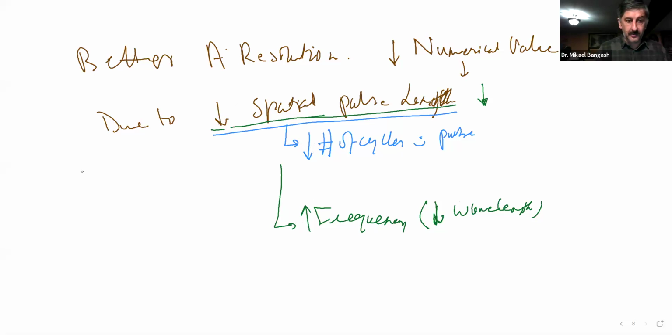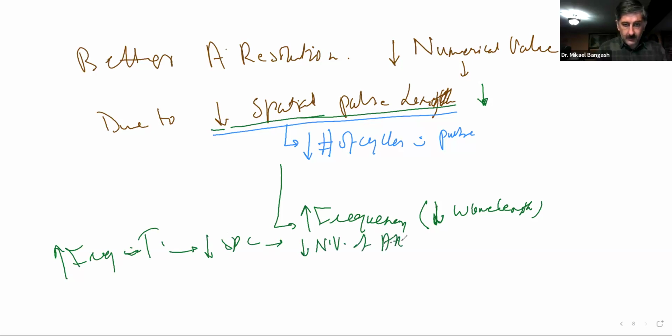But the reason they use high frequency here is that, as we said earlier, with high frequency transducers you have a lower spatial pulse length. That lower spatial pulse length leads to a lower numerical value of the exit resolution, which leads to the exit resolution being better.